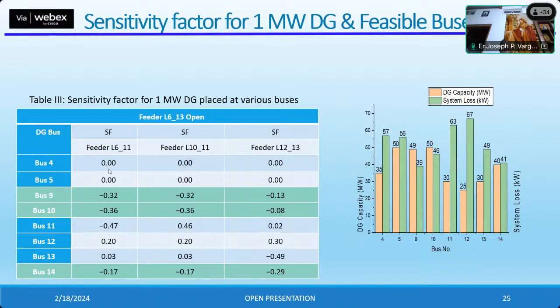But when we place a 1 megawatt DG at bus number 9, 10, and 14, the values become negative for all the congested lines.